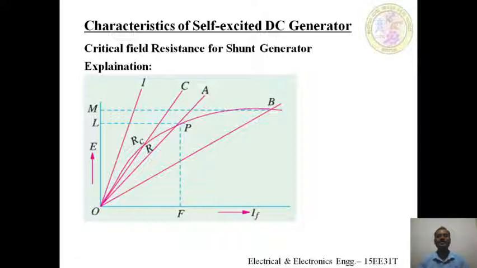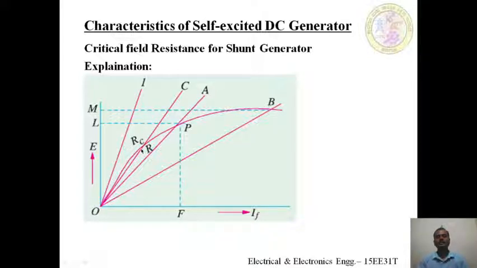Here, the resistance line RC just touches the OCC. That is the maximum shunt field resistance at which the generator will just excite, that is, just generate the voltage. For any increase in resistance above this value, the generator will fail to build up its voltage.